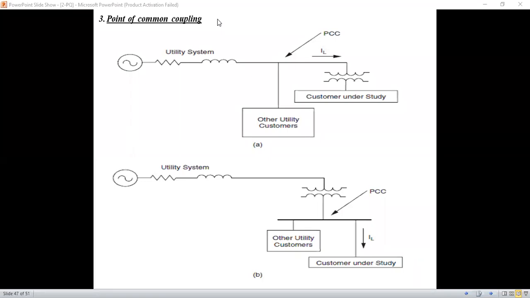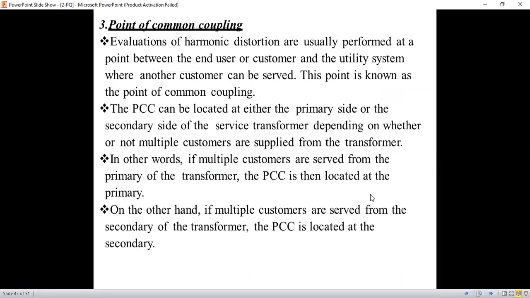Okay. So at this side, the primary is connected to multiple users, so at the primary side we are considering that as the common coupling point. At the secondary side, multiple users are connected, so the point where the multiple users are connected, that one we are going to consider as the common coupling point. That is what they have mentioned here.